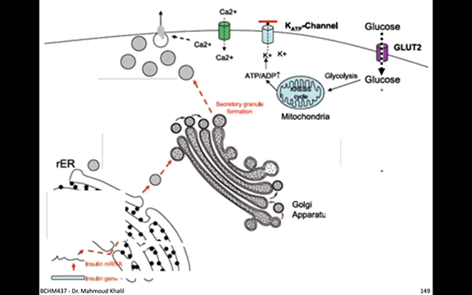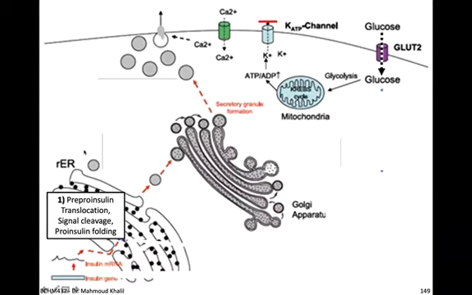Okay, this figure actually describes what we have just said. Initially, the DNA is transcribed into messenger RNA, and this messenger RNA is recruited to the endoplasmic reticulum, in which the pre-proinsulin is converted to proinsulin. Once converted, it is transported from the rough endoplasmic reticulum through vesicles to the Golgi apparatus.